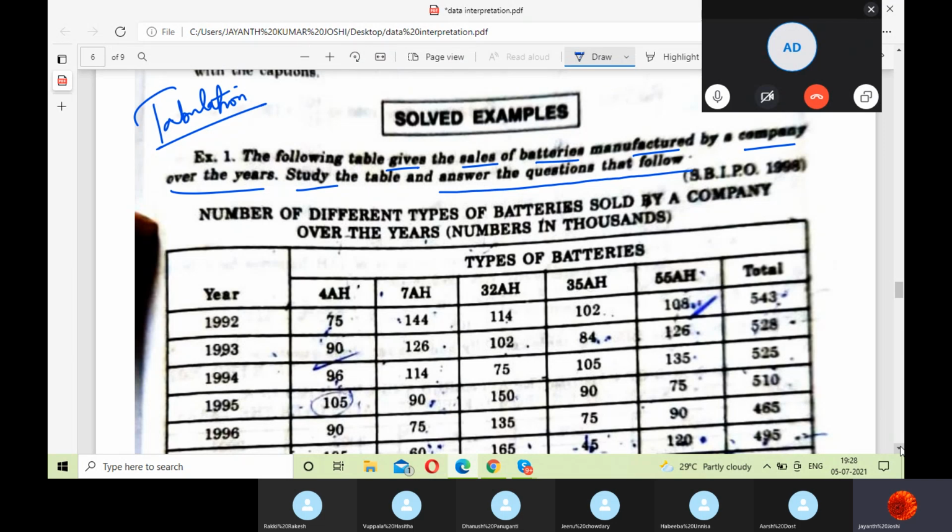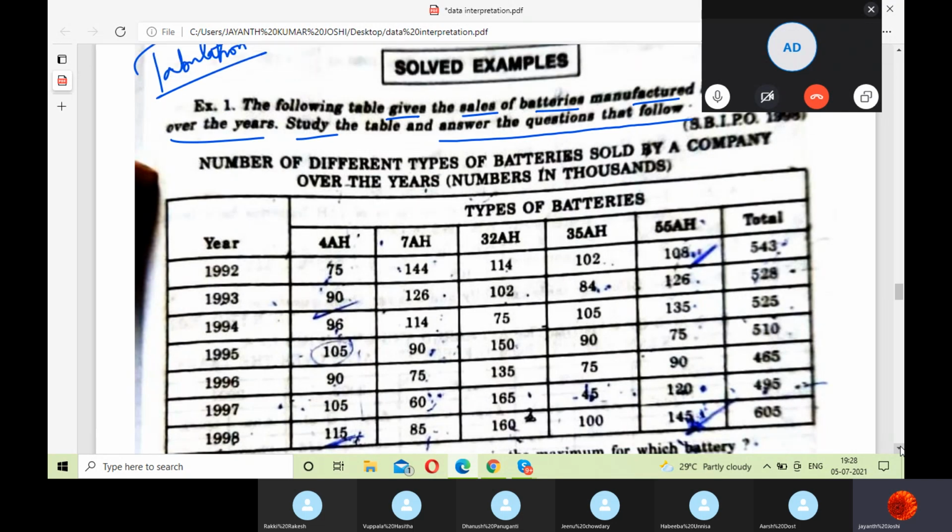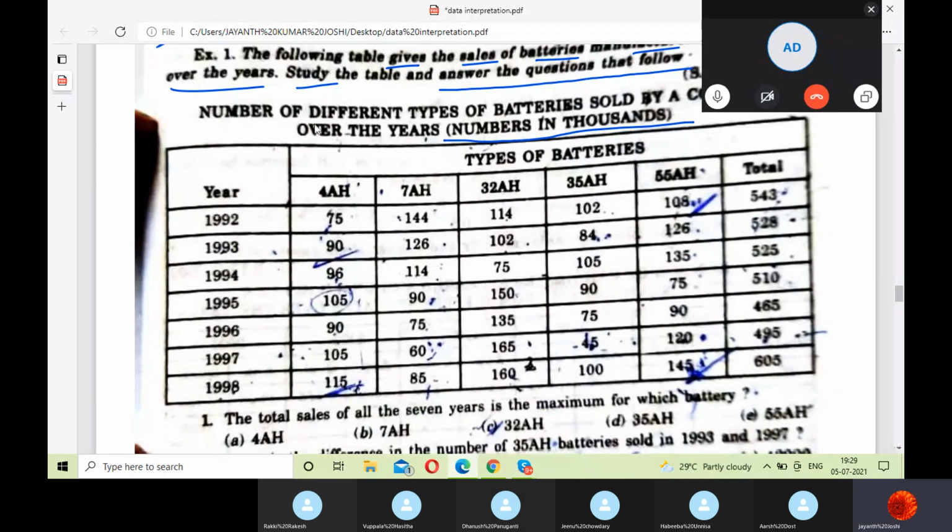Now let's go ahead. The number of different types of batteries sold by a company over the years, in thousands. These are the years, 91, 92, 93, 94, 95, 96, 97, 98, and the types of batteries: 4Ah, 7Ah, 32Ah, 35Ah, 55Ah.